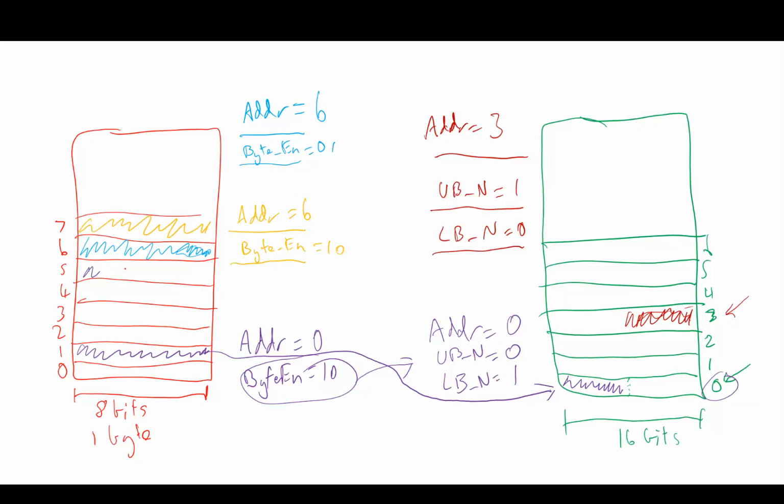Similarly, if we chose 5, so 0, 1, 2, 3, 4, 5 would be here. So this one maps to here, and the address is 2, and these would still be the same for those.